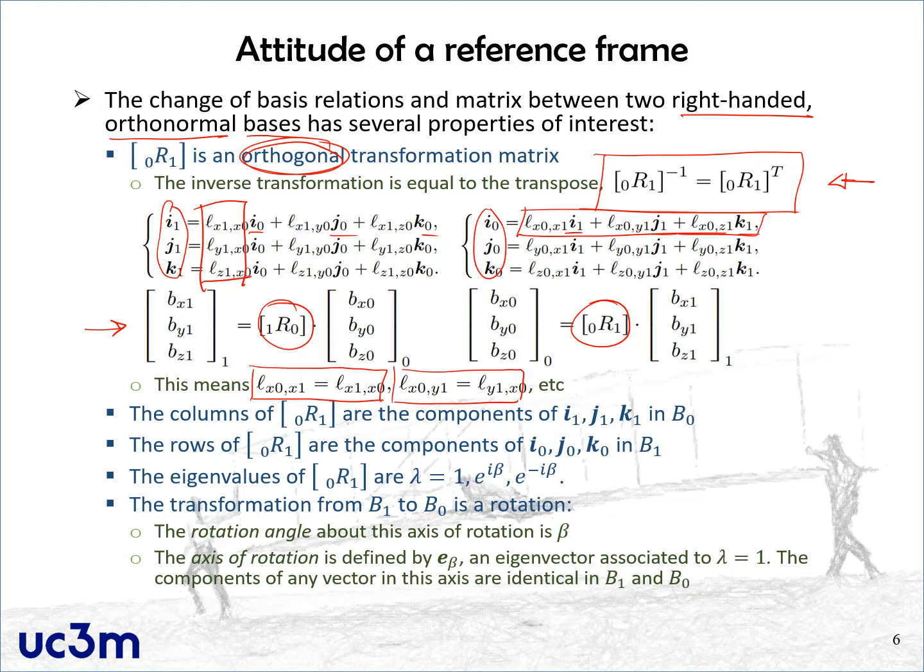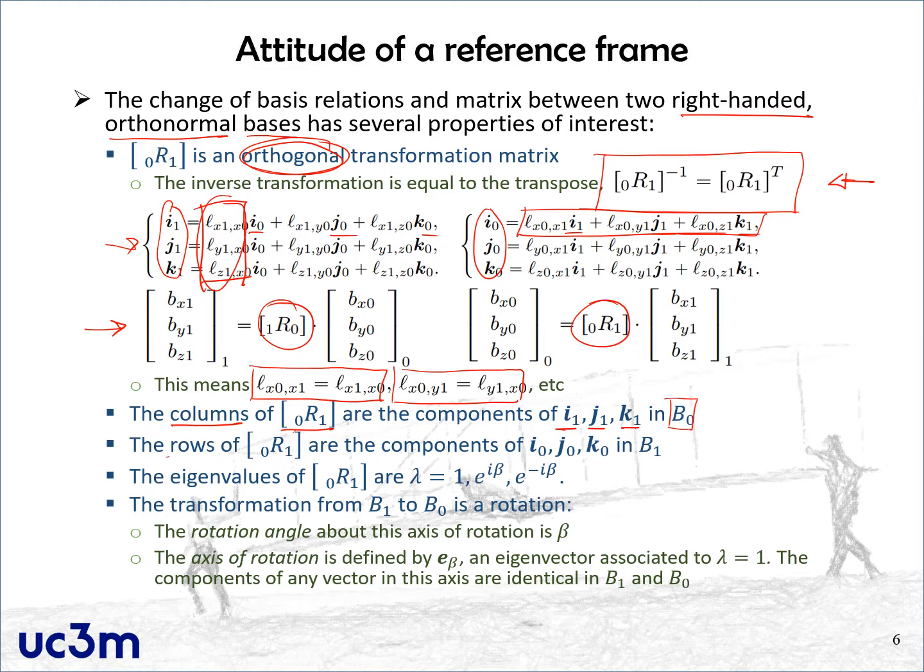Moreover, as the components of these matrices are essentially the numbers that appear in the expressions for these vectors, we can also say something interesting about the meaning of the components of these matrices. For example, the columns of this matrix, the matrix R01, are just the vectors I1, J1, and K1 expressed in B0.